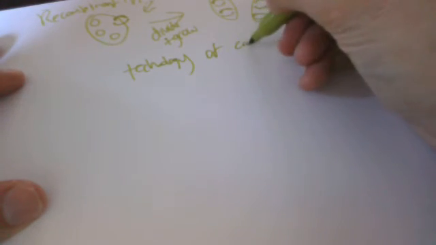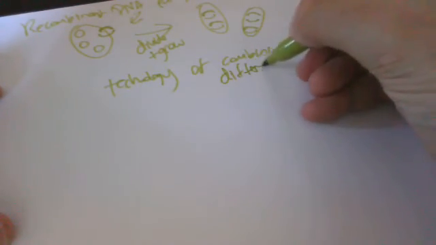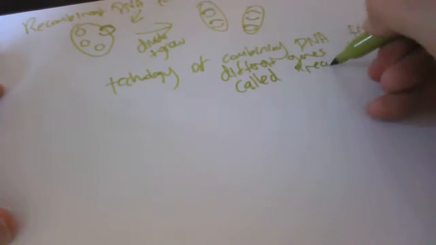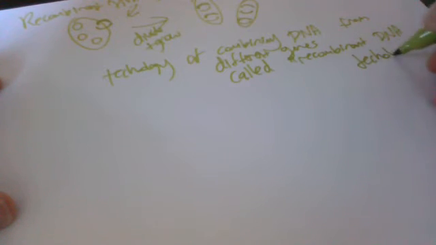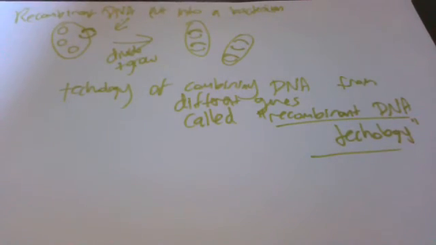Now the technology of combining DNA from different genes, this is called recombinant DNA technology. That's a word you should know as well. Recombinant DNA technology: combining DNA from different genes. Now, why is this a great thing to have?